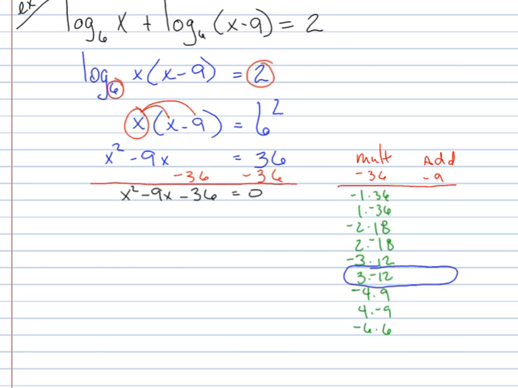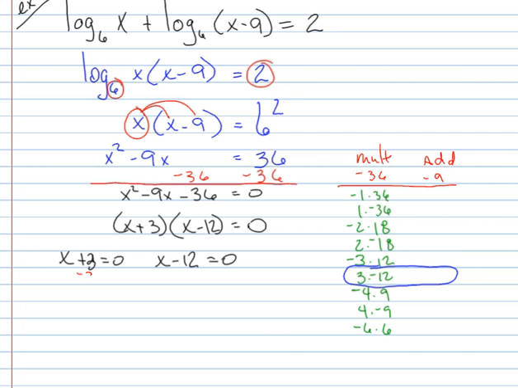Since my leading coefficient is 1, I'm able to just drop straight down here and get x plus 3, x minus 12. Now that I have this, I can separate my factors. x plus 3 equals 0, x minus 12 equals 0.